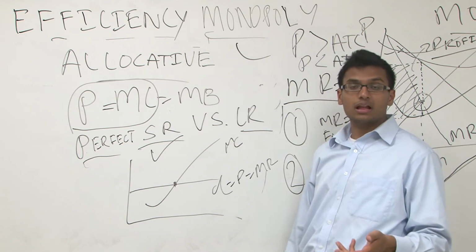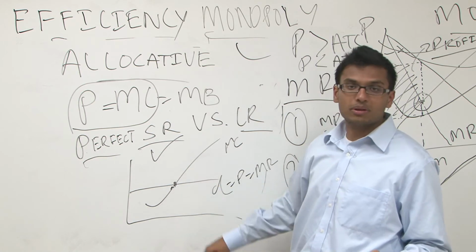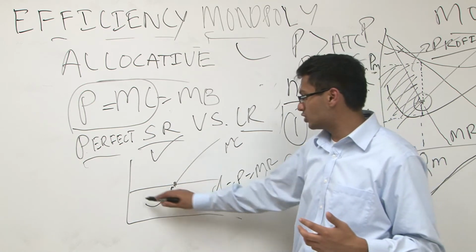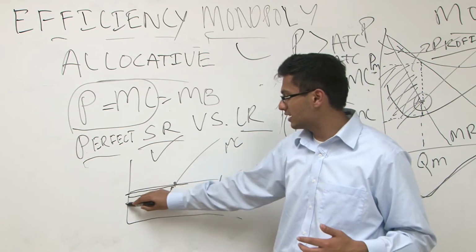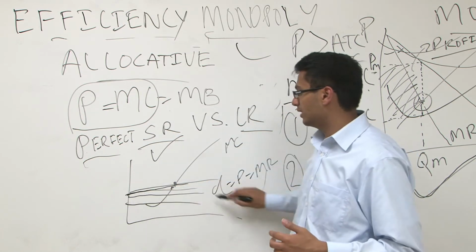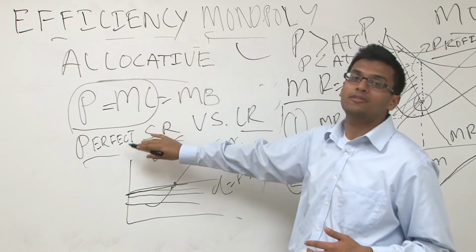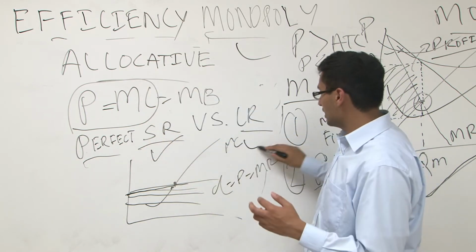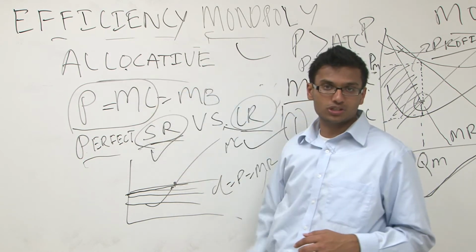In the long run, is it allocatively efficient? Yeah, absolutely, because it doesn't change, right? Because the only thing that changes in the long run is your price level. But your price level, no matter what it does, is always going to equal MC. So in a perfectly competitive market structure, both in the short run and the long run, you're allocatively efficient.